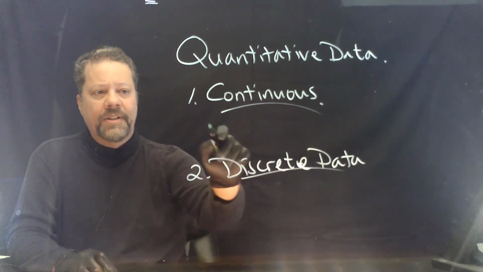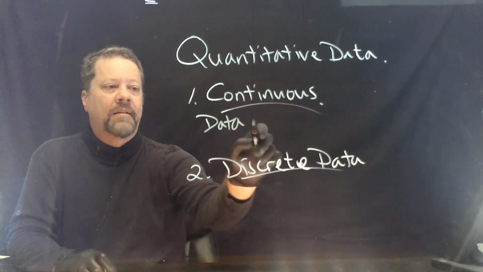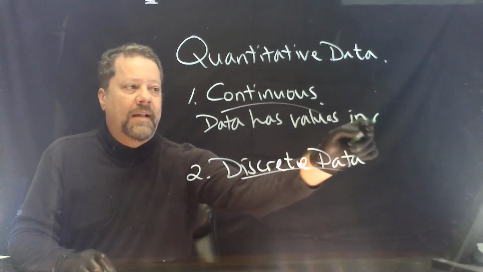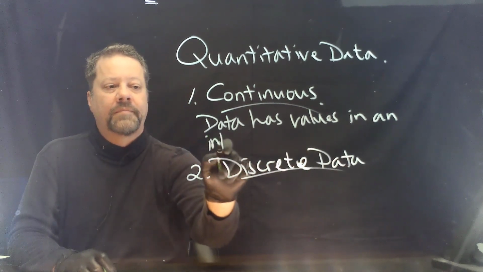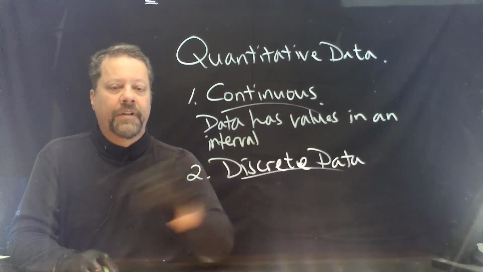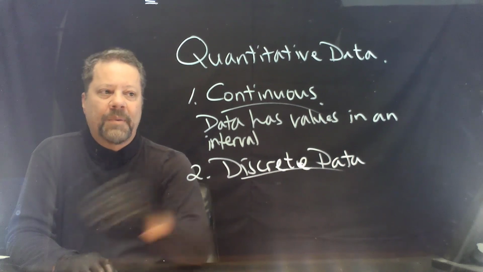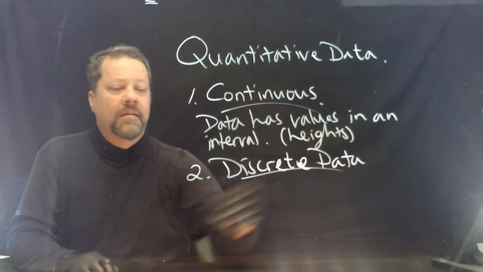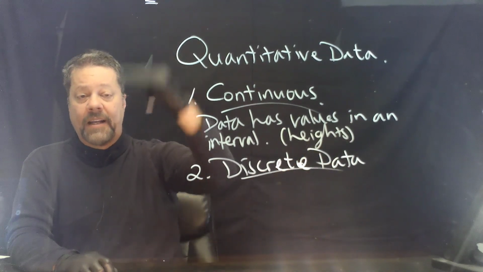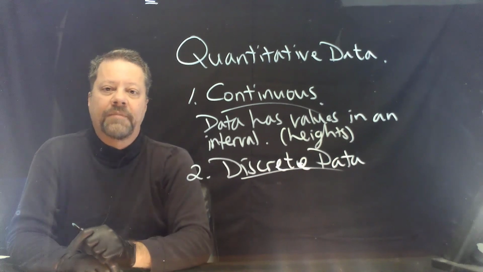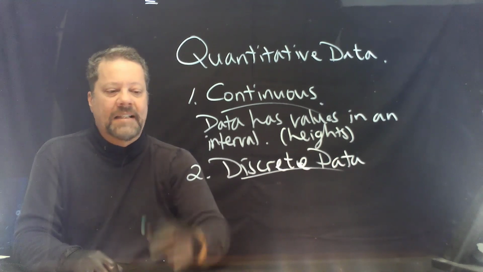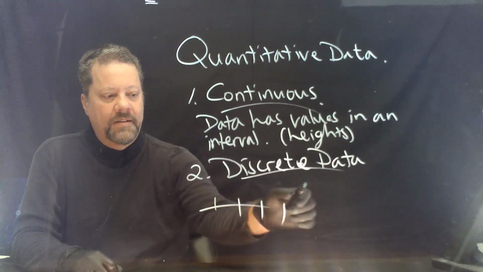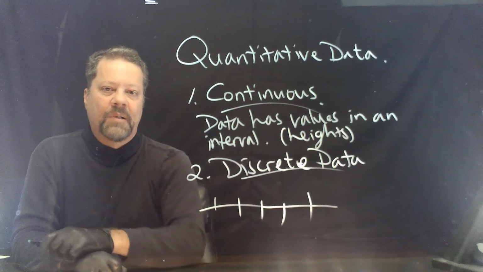In continuous data, the data has values in an interval of real numbers. So for example, heights. You can take any height, you can have any height in between some interval. But discrete data is taken from little disjointed pieces of the number line.